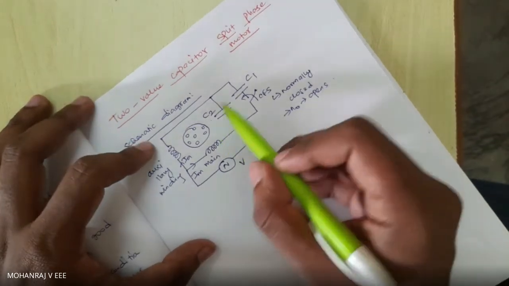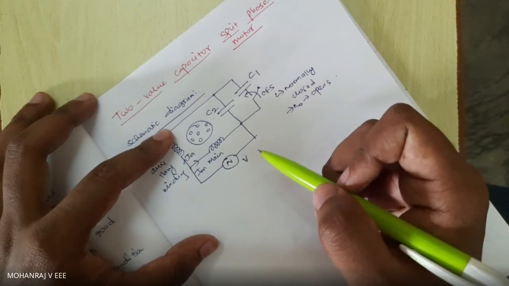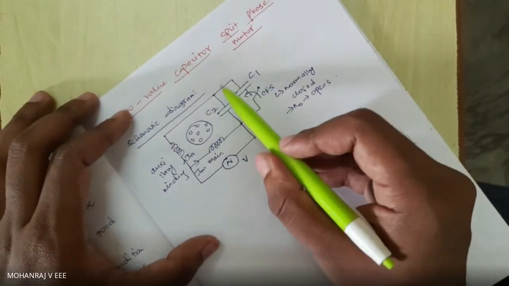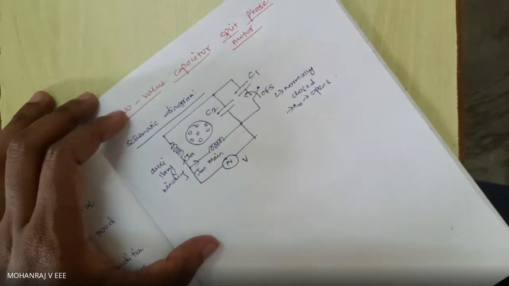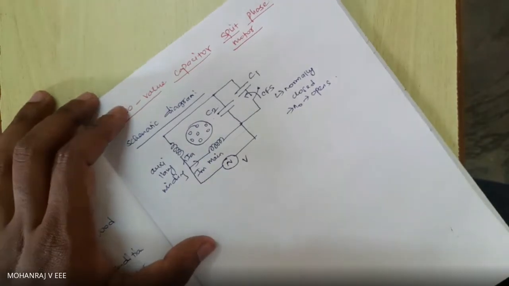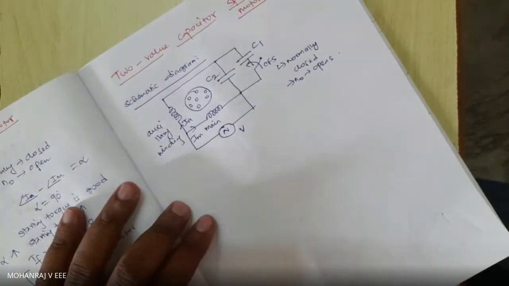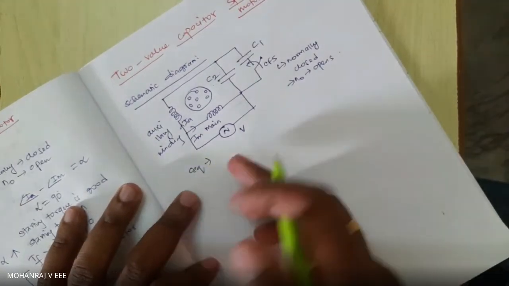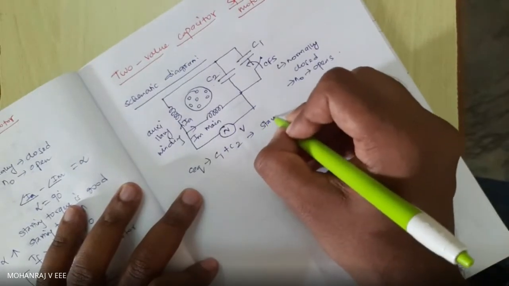So here C2 and C1 are in parallel, so the net capacitance will be very high. Normally C2 and C1 are connected in parallel with the auxiliary winding. You have the auxiliary winding and main winding. We have a rotor as well. Now what happens? During starting condition, my equivalent capacitance is equal to C1 plus C2.